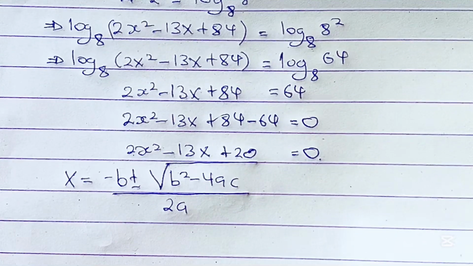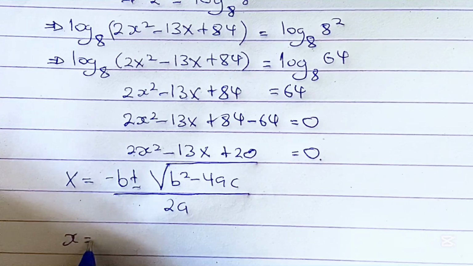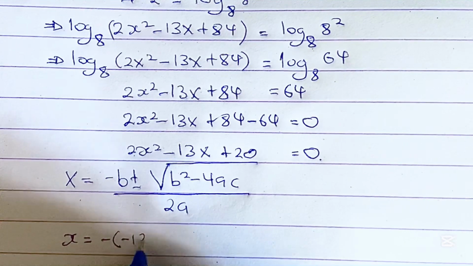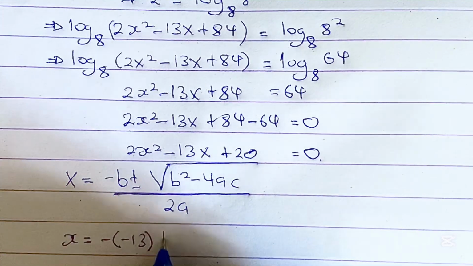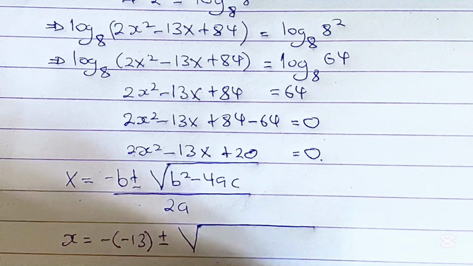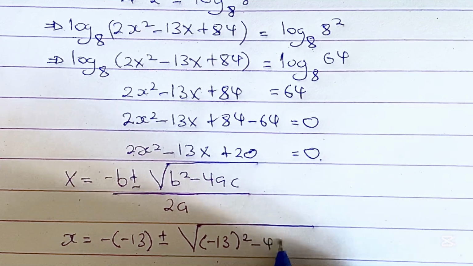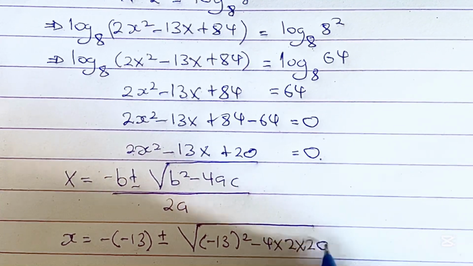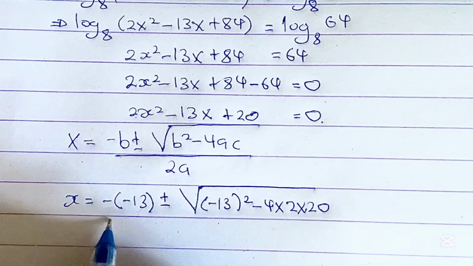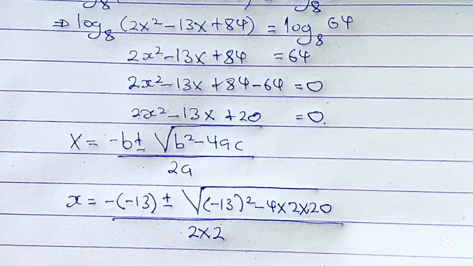From our equation, a is equal to 2, b is equal to negative 13, and c is equal to 20. So x is equal to negative into negative 13 plus or minus the square root of negative 13 squared minus 4 times 2 times 20, over 2 times 2.